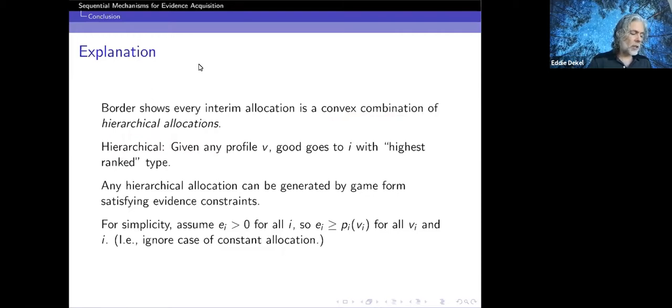Now it's very easy to generate. So what's a hierarchical allocation? It's one in which for every profile, there's a ranking of who gets the good. It's very easy to see that a hierarchical allocation that satisfies our evidence constraint can be feasible.